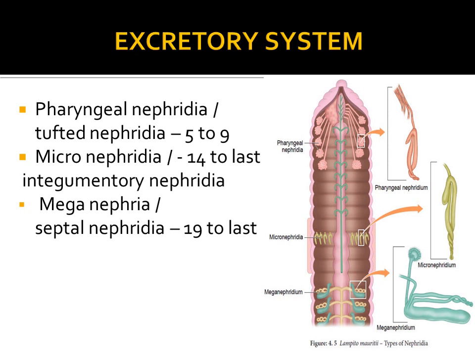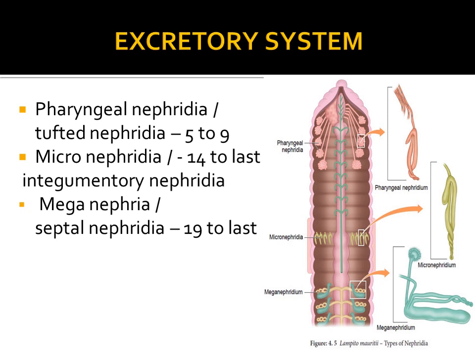The third is the meganephridia, also known as septal nephridia. Compared with the pharyngeal nephridia and the micronephridia, this has a somewhat different structure and is larger than the other two, hence it is known as meganephridia.